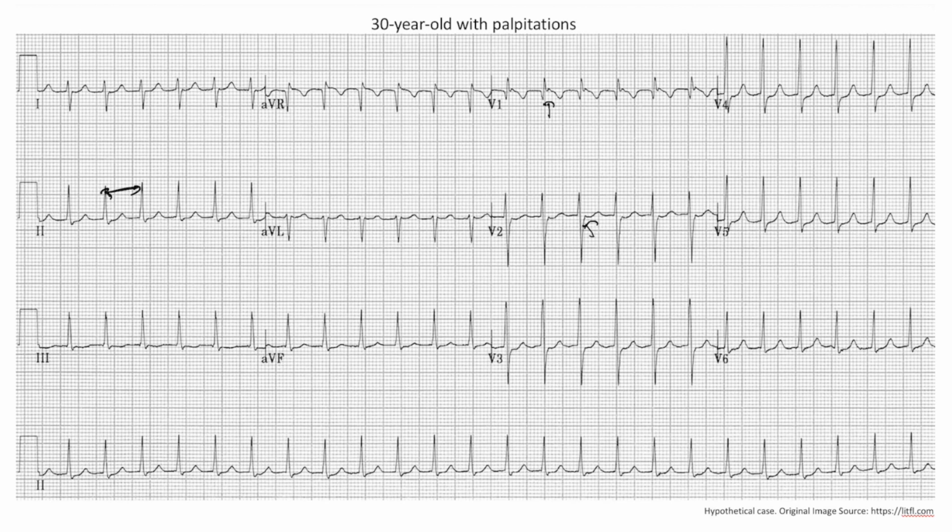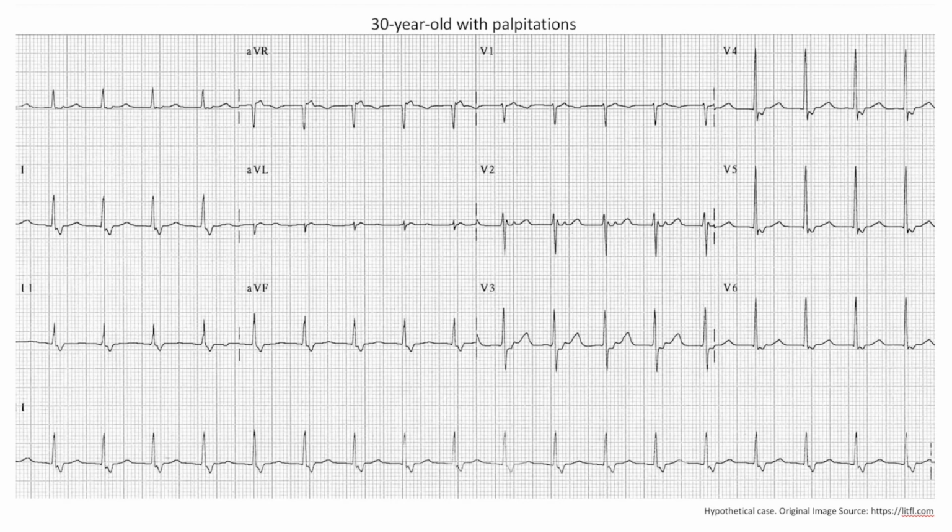These are P waves that are embedded in the QRS complex, and this would again be an example of someone that potentially has AVNRT.